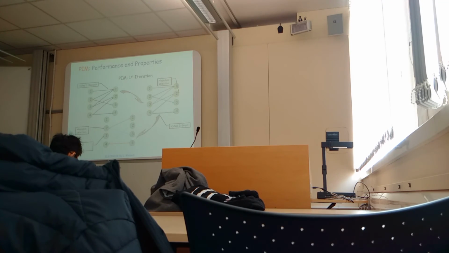What we have seen so far is that with one iteration, it gives you 63%. And that 63% is assuming that the traffic is uniform. Did we cover what traffic types we are talking about? What does it mean by uniform traffic?